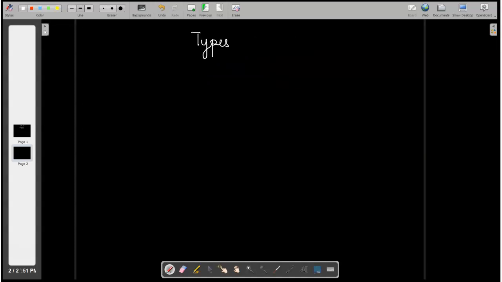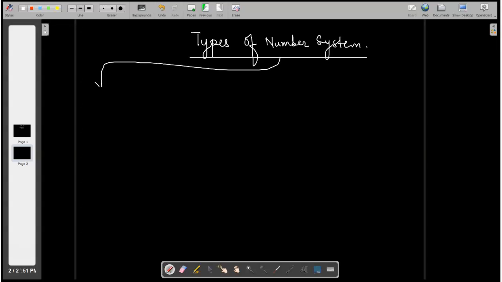So coming to the types of number system, there are basically four types of number system. The first one is the binary number system. When we talk about binary number system, remember the term binary represents two digits.